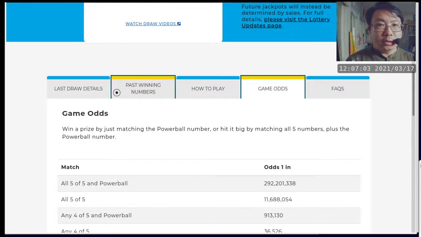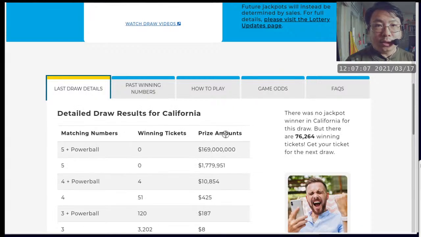And when you look at the last draw detail, the prize money is only $169 million. So chances are against you if you want to win the jackpot.